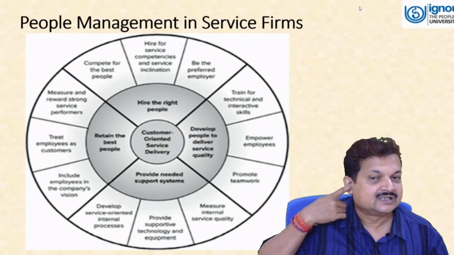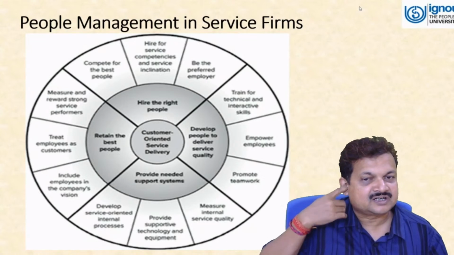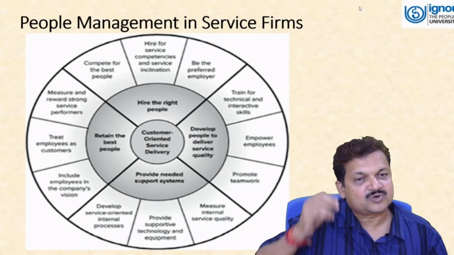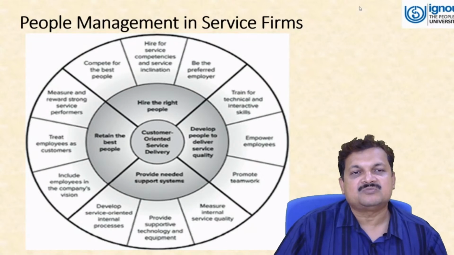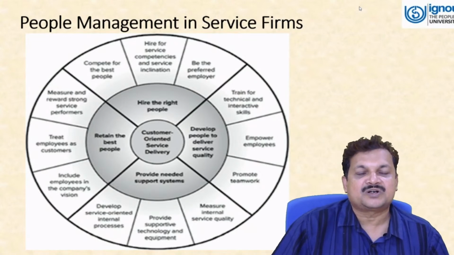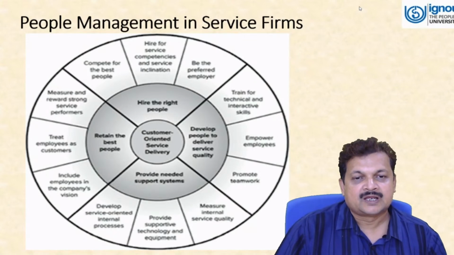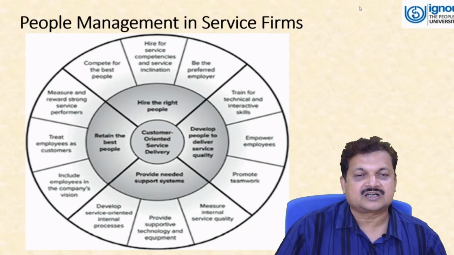Next is measure internal service quality. This is also very important. At each level the service quality must be better. Otherwise, altogether we are not going to deliver good quality services, because there are so many components by which the service quality can be delivered to the customers. Provide supportive technology and equipment. We discussed this.